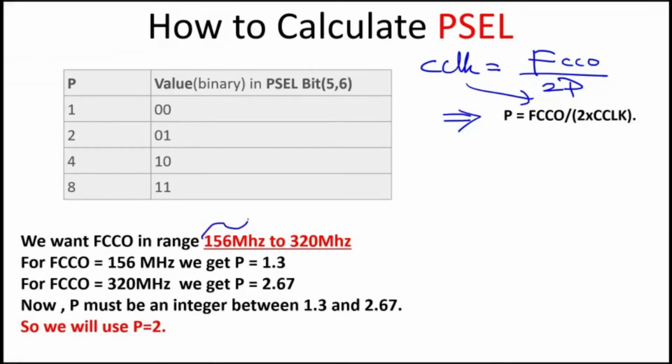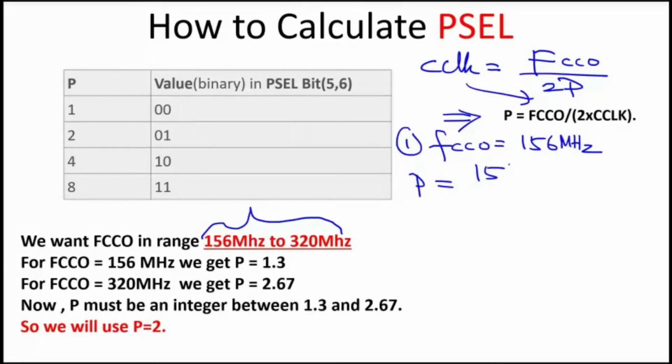There is a condition in LPC2148 that the frequency of the current controlled oscillator should be between these 2 frequency limits, 156 MHz to 320 MHz. So in the first case, when the frequency of the current controlled oscillator is equal to 156 MHz, you calculate the value of P. So P is equal to 156 MHz divided by 2 times my desired value of CPU clock, which is 60 MHz.